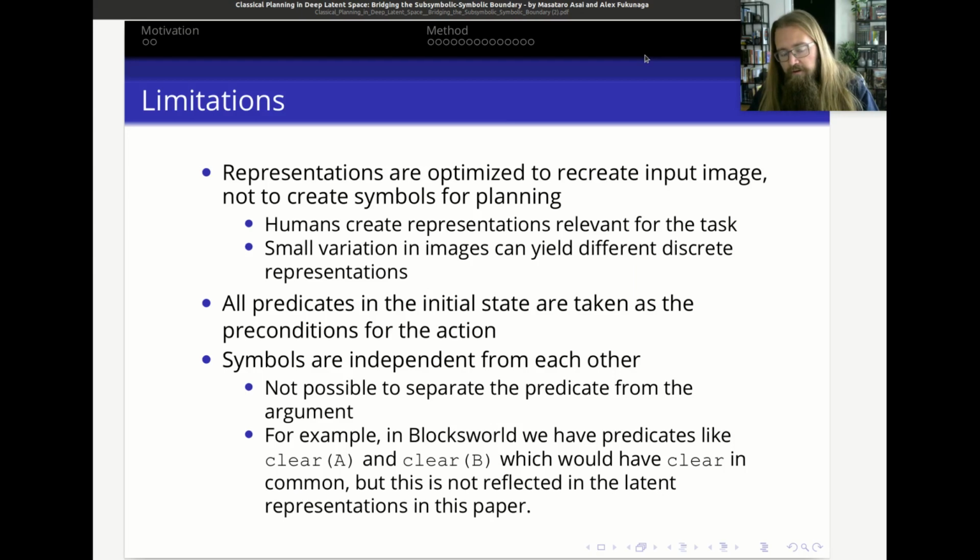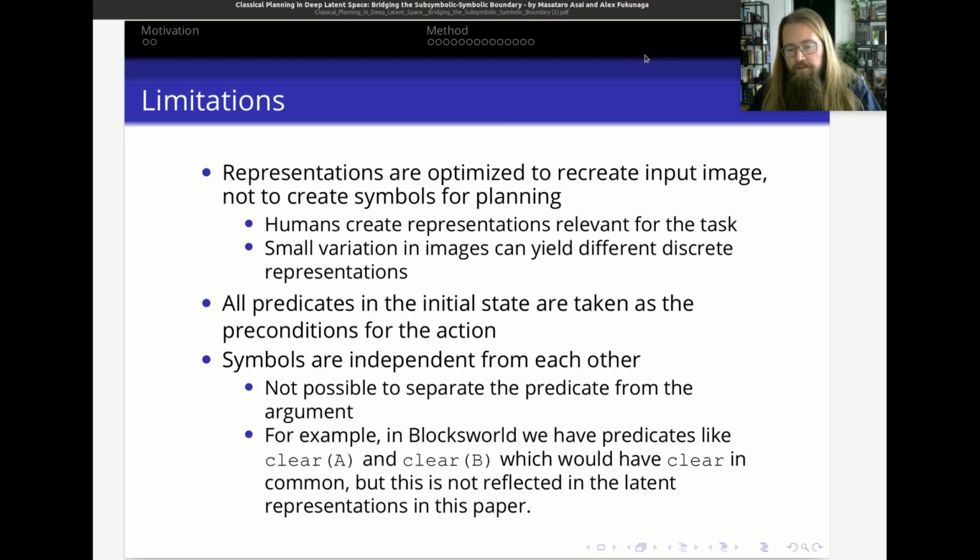Clear X, where X is a variable, can take any object. Essentially, clear A and clear B would be more similar than hand empty. But in our latent space, there's no way to see this.